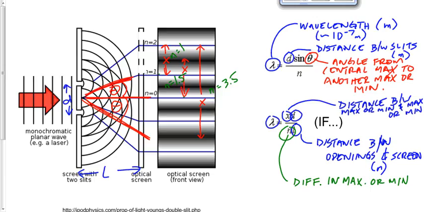Now, just like with x, n has to be consistent. So in this case, n would be 1, because it's the first order maximum and the central max. 1 minus 0 is 1. This one would be 1.5 because we're dealing with the central max and the second order minimum, which has an n value of 1.5. 1.5 minus 0 is 1.5.